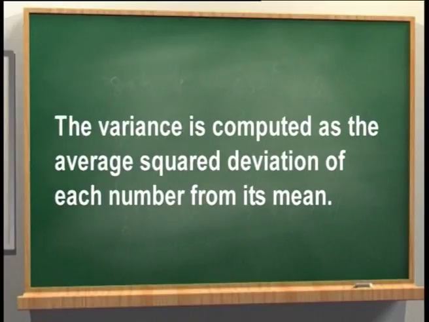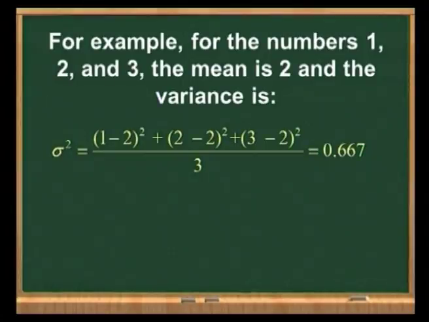The variance and the closely related standard deviation are measures of how spread out a distribution is. In other words, they are measures of variability. The variance is computed as the average squared deviation of each number from its mean. For example, for the numbers 1, 2 and 3, the mean is 2 and the variance is (1 minus 2) squared plus (2 minus 2) squared plus (3 minus 2) squared, divided by 3, and the variance is 0.667.